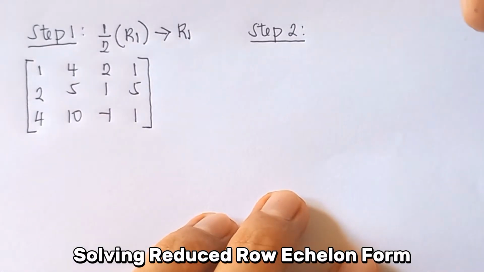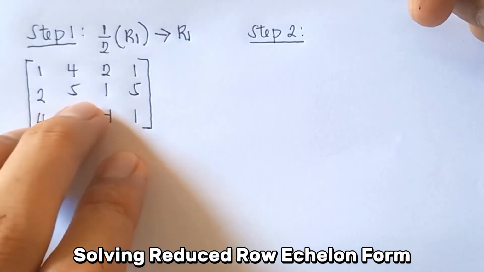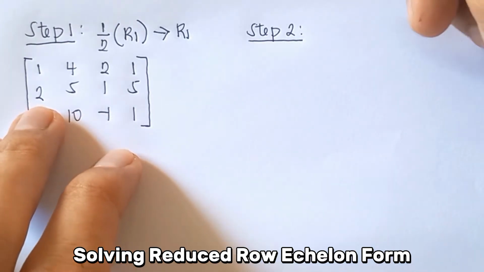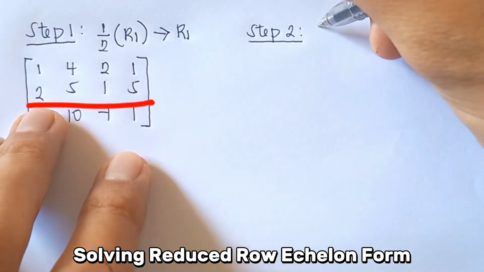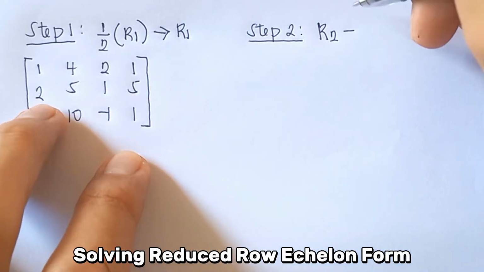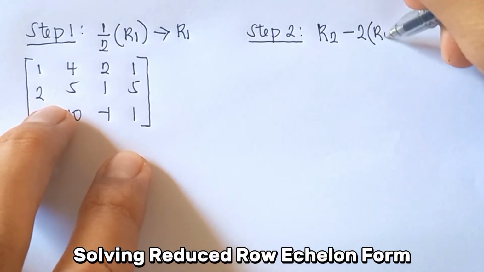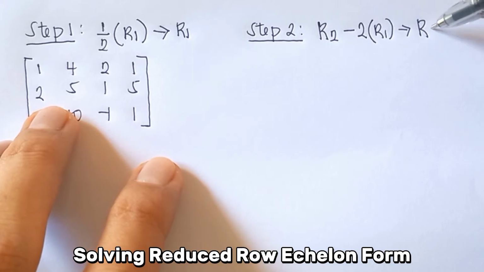Now for step 2, we're going to make this number equal to 0. So we're going to make row 2 minus 2 times row 1.